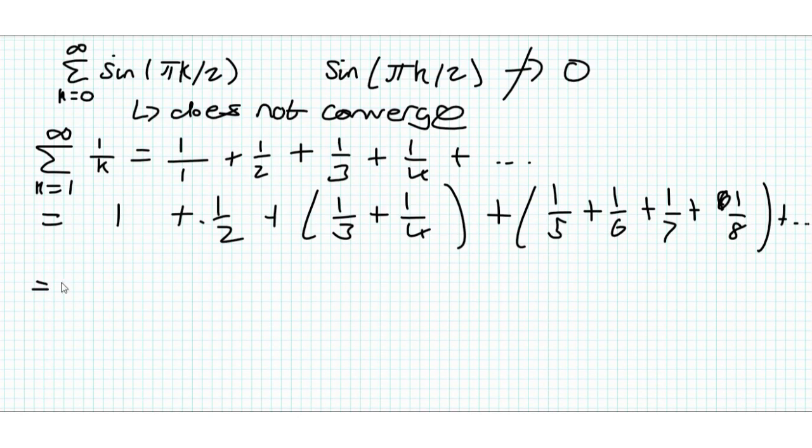And when you group like this, this means that this sequence is greater than or equal to 1 plus 1/2 plus 1/2 plus 1/2 and so on. This is because we can always group the terms, so we get the 1 here, we get the half, this is a half, this is a half, we take the next 8 terms as a half, and so on.